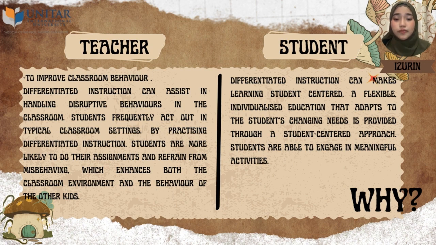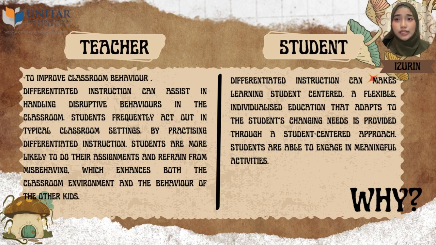Students frequently act out in typical classroom settings because they are bored, uninterested, or lonely. So when assignments are finished fast and easily, students may become bored and act out, which may lead to other students acting out as well.